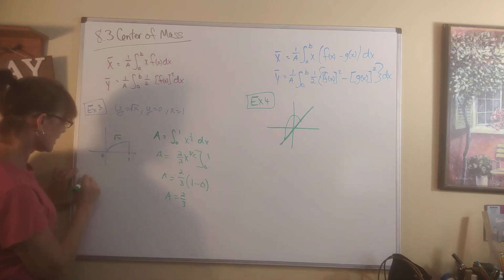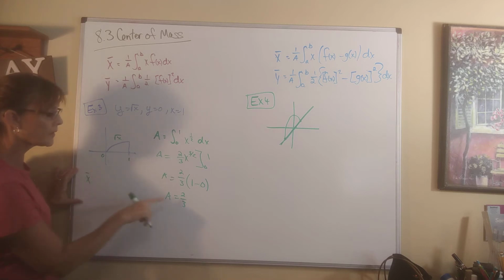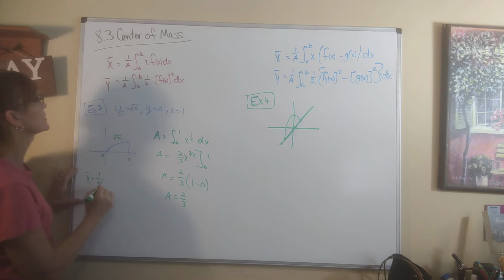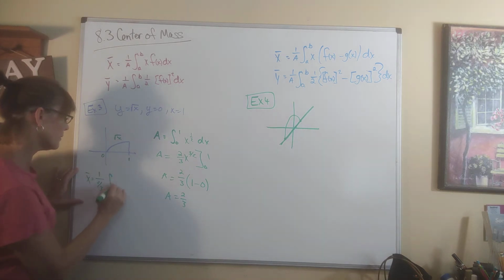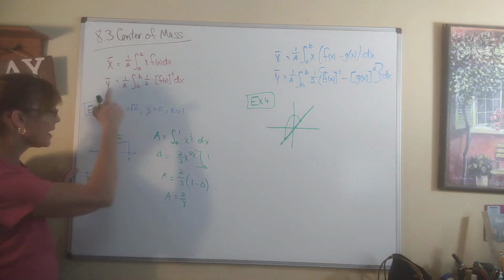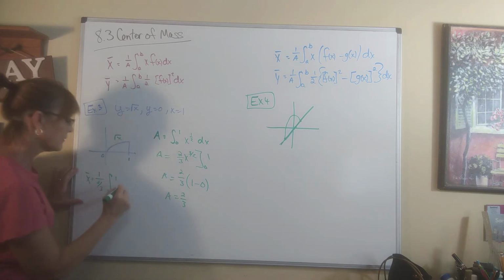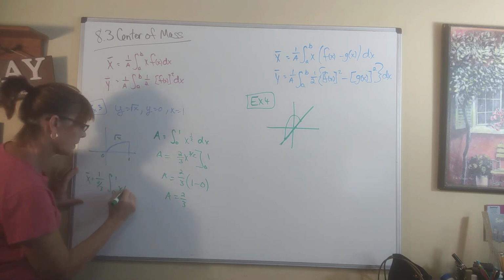So for x bar, to calculate the centroid, it's 1 over the area, 1 over 2/3, times the integral from 0 to 1 of x times f(x), square root of x, dx.